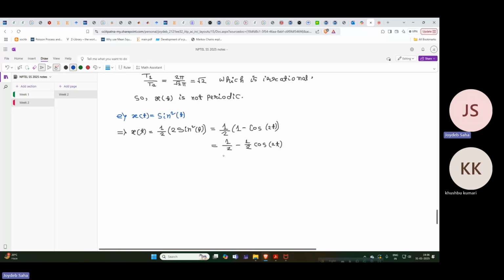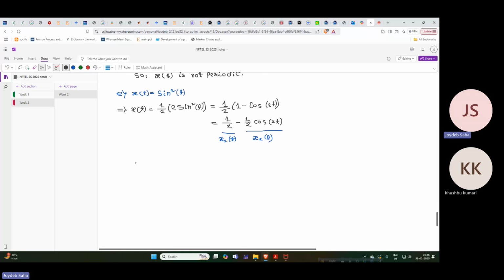So this is x1(t) and this is x2(t). x1(t) is equal to half, which is a DC value, right?